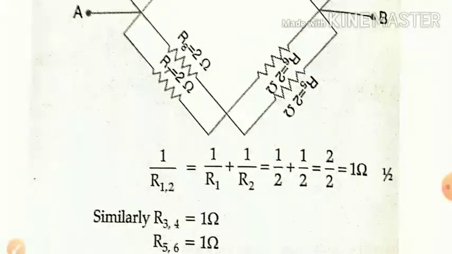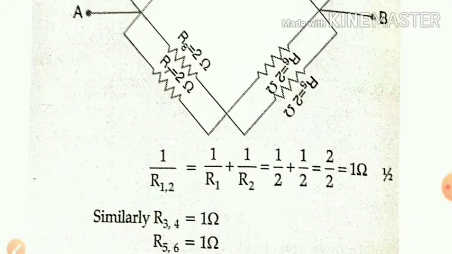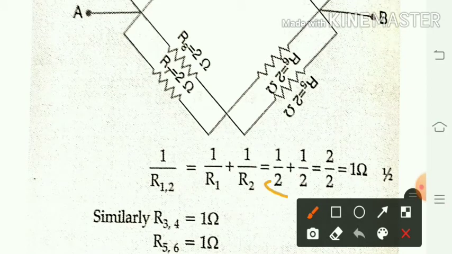Now we will find it stepwise. 1 upon R for R1, R2. These are in parallel, so we can write 1 upon 2 plus 1 upon 2, and it becomes equal to 2 by 2. So the resultant resistance between the 2 resistors is 1 ohm.